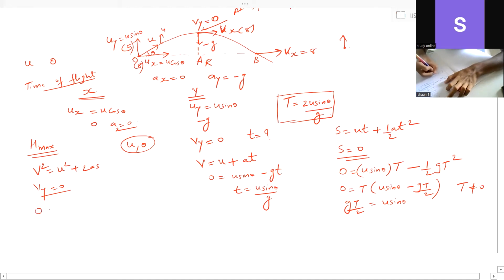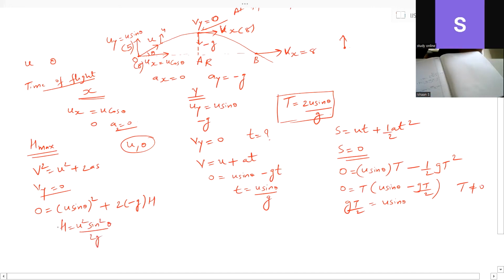So 0 equal to u sine theta... u square sine square theta by 2g. Perfect. So H max, I think you should write all these formulas somewhere in your textbook.